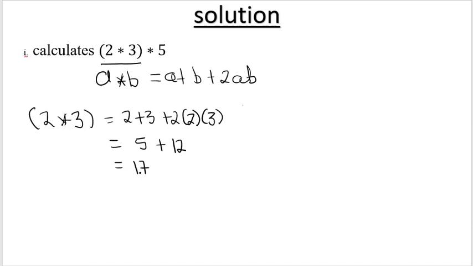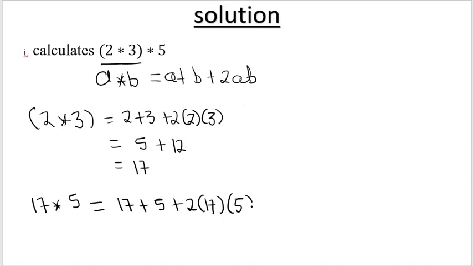Therefore, we are going to substitute the 17 into where we have 2 star 3. So we have 17 star 5, and this is equal to 17 plus 5 plus 2 times 17 times 5.